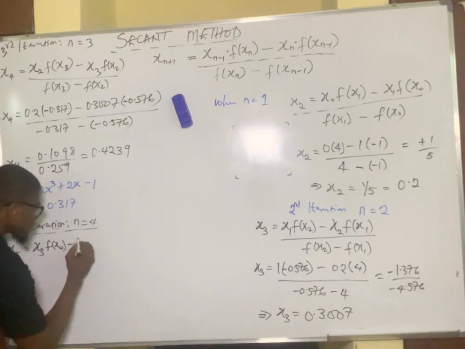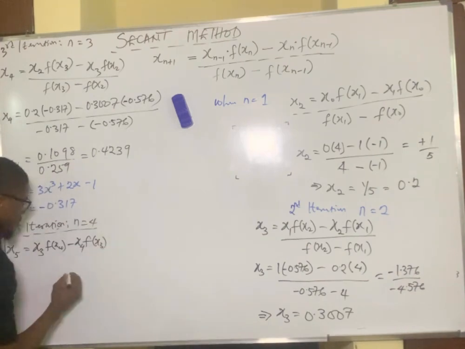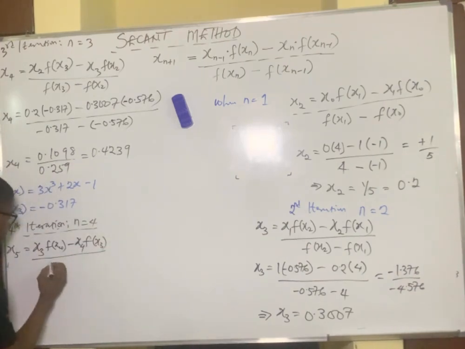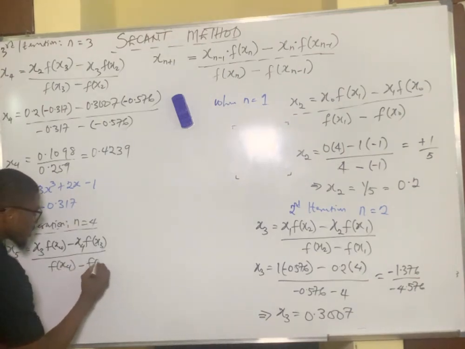So xn is x4 multiplies f of x3 divides by f of x4 minus f of x3.